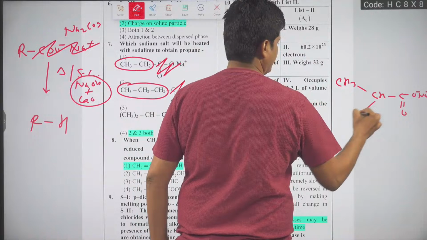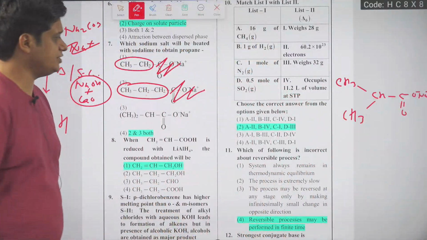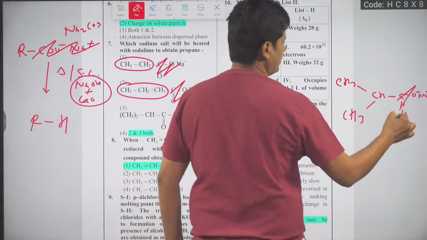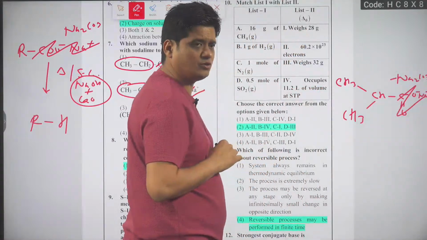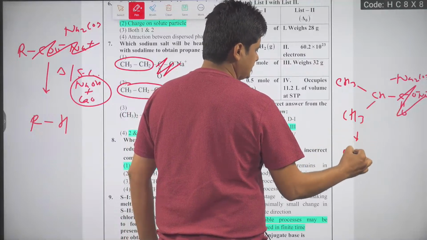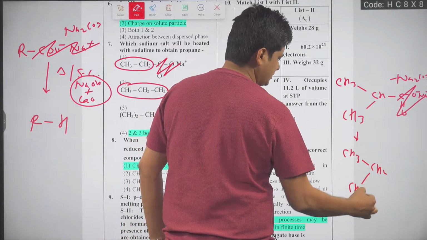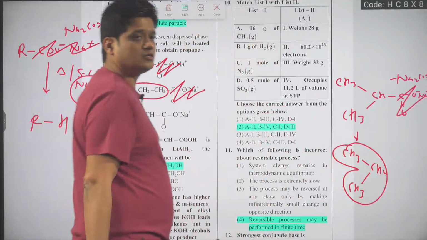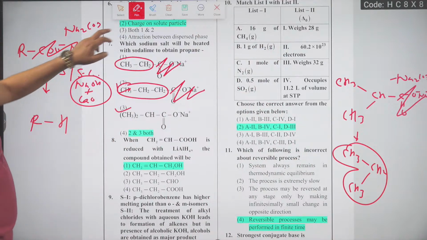C double bond O, and this is CH3 here. CH3 twice, CHCONa. So now this part will come out as Na2CO3, and one hydrogen bind here, so this becomes CH2. So after the reaction, what I'll get here? CH3, CH2, CH3. CH3, CH2, CH3 is also propane here. So in this case, answer can be 2 and 3. They can give propane.